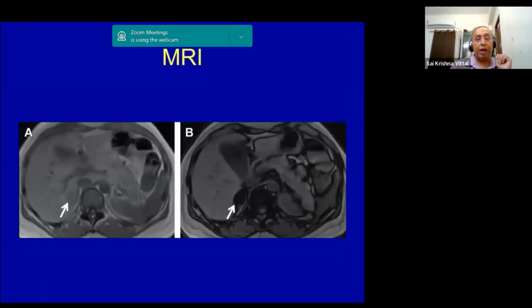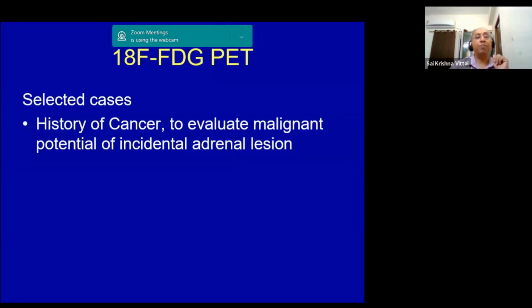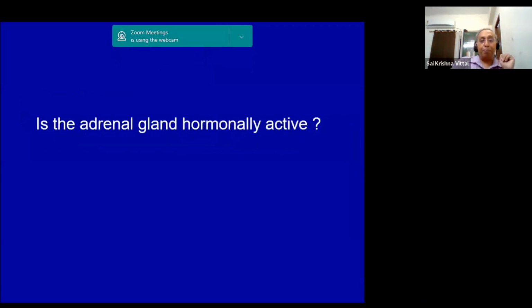This is another typical MRI of the adrenal, showing a benign adrenal tumor on the right side. In selected cases, you do an FDG PET CT where there's a history of extra-adrenal cancer and you want to find out whether the adrenal incidentaloma is benign or malignant. You might do it, but it is not done routinely.